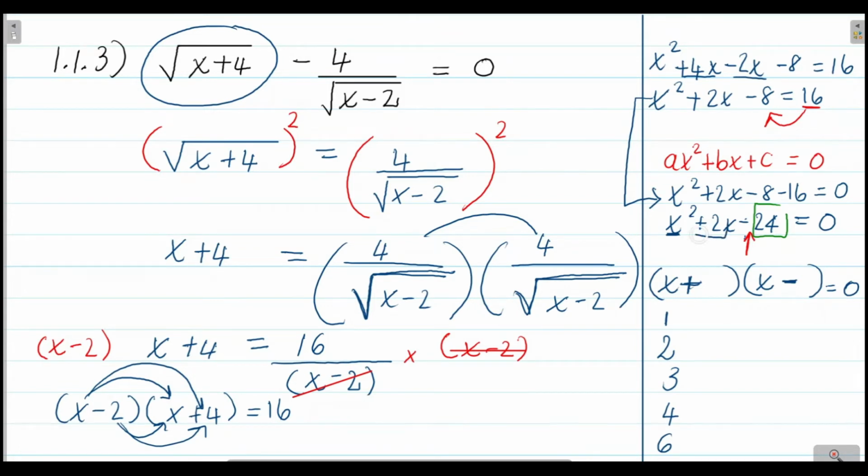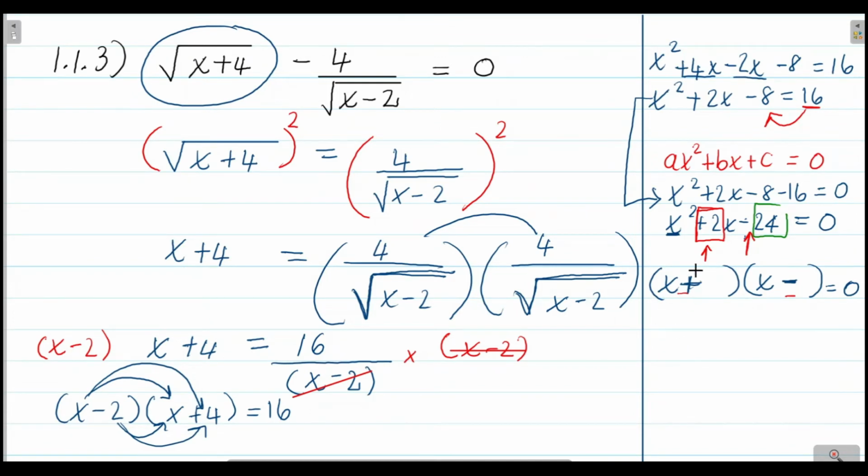So we're looking for two numbers that, if you multiply them, will give us negative 24, and if you add or subtract those numbers together, they'll give you positive 2. So what are those two numbers?